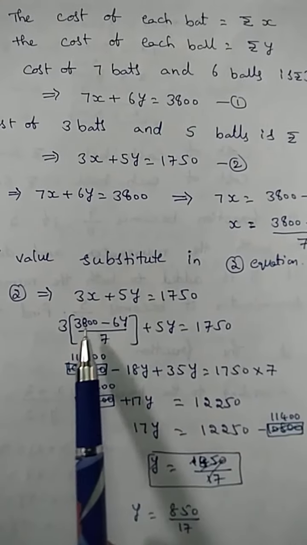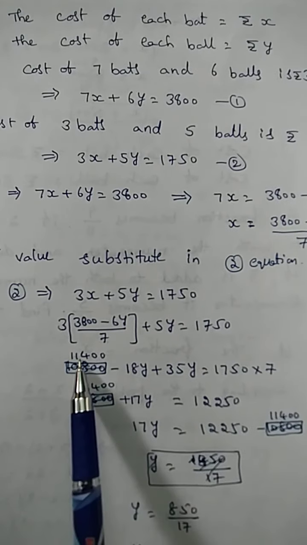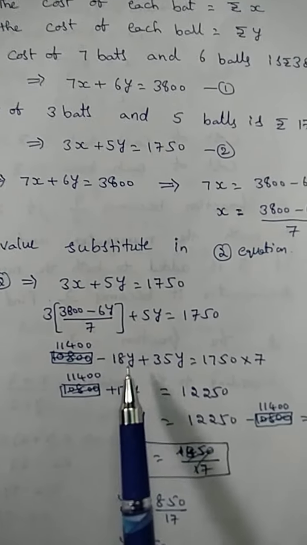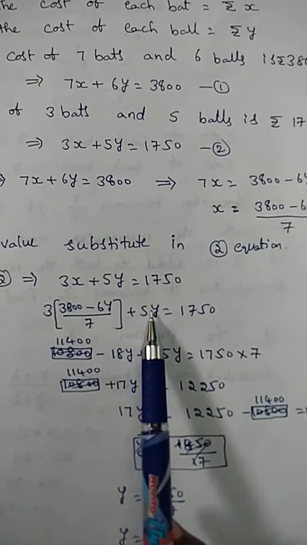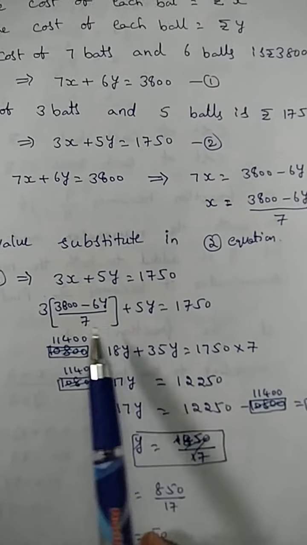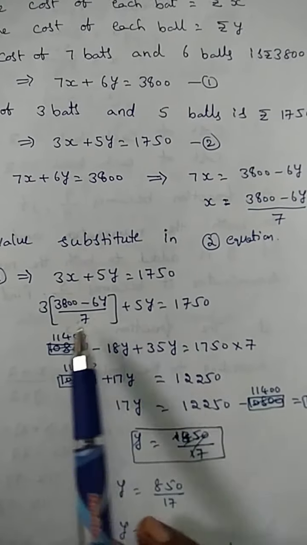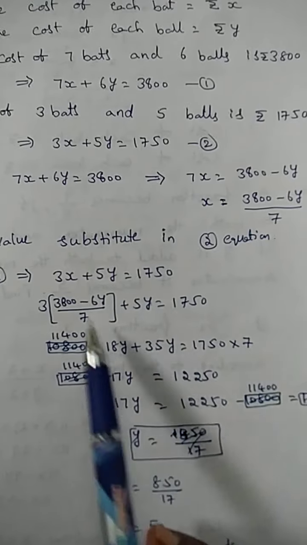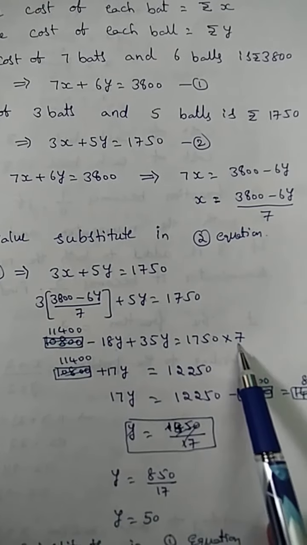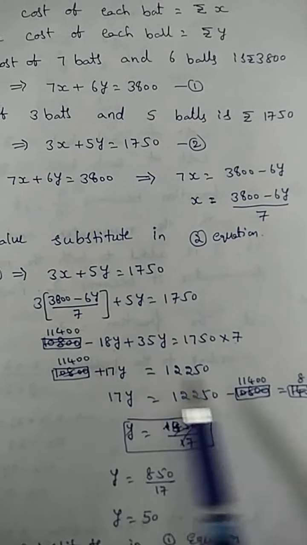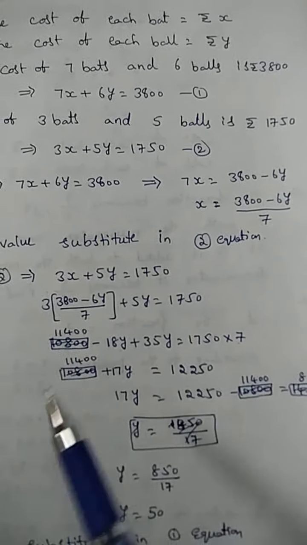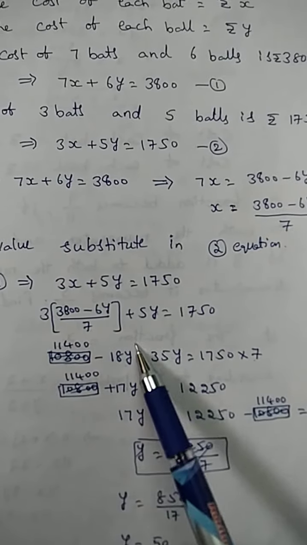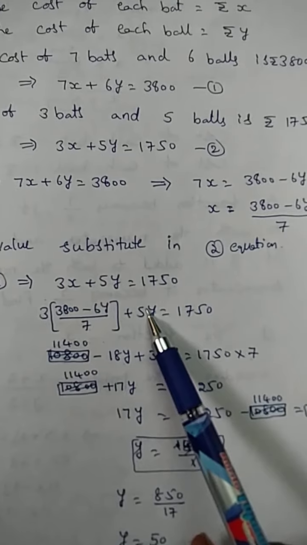Multiplying those, 3 into 3,800 is 11,400. 3 into 6 is 18y. Plus 5y, taking the LCM with 7, 7 times 5 is 35y. The 7 is transposed to that side, 1,750 into 7. I think you understand the simplification we did here. First finding the LCM, 7 by 7, we multiply 7 times 5 as 35.